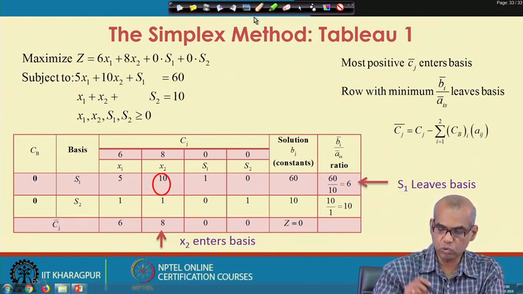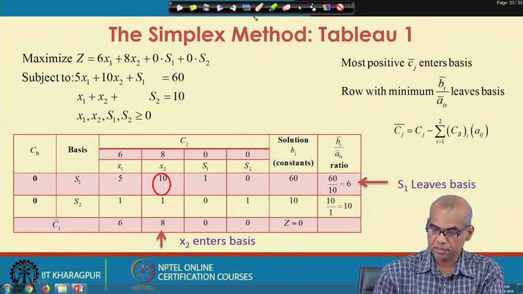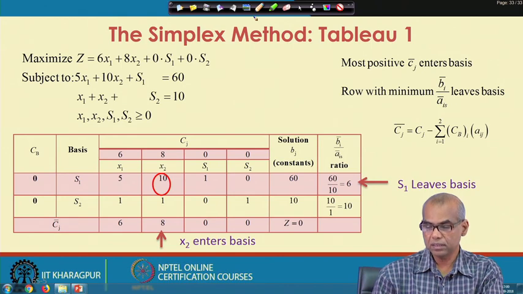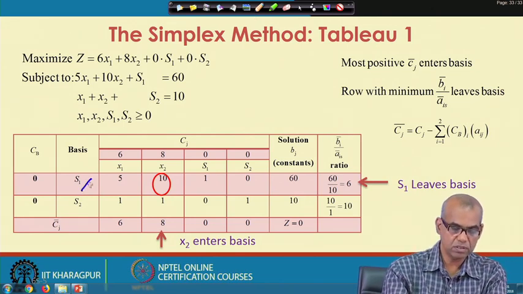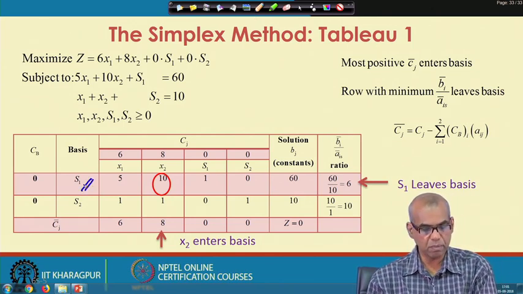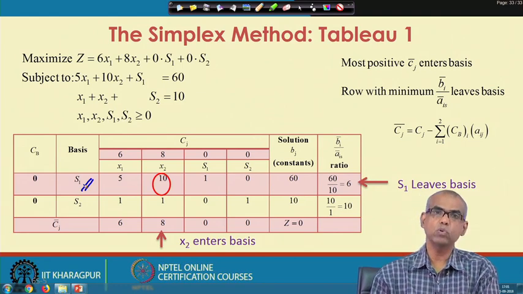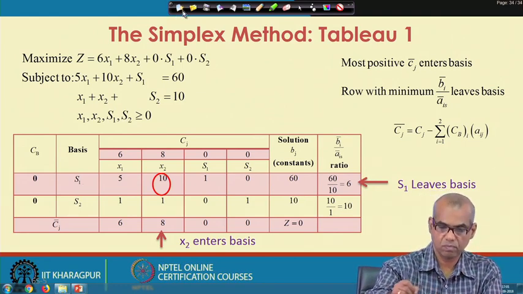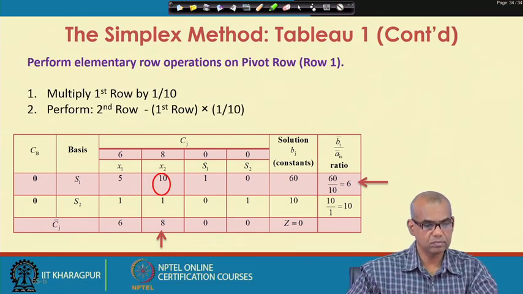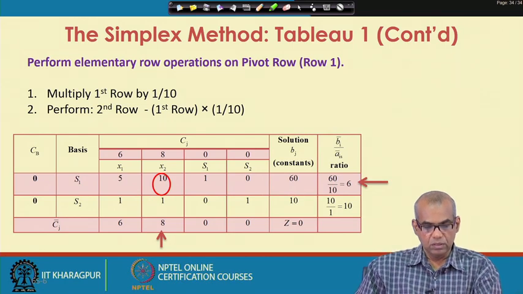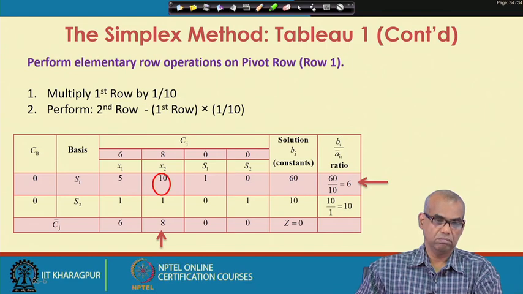The minimum ratio rule tells me that the minimum of Bi bar divided by Ais bar will leave the basis. So, S1 leaves the basis and x2 enters the basis. So, the pivot variable is 10.